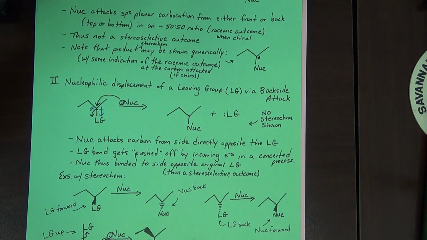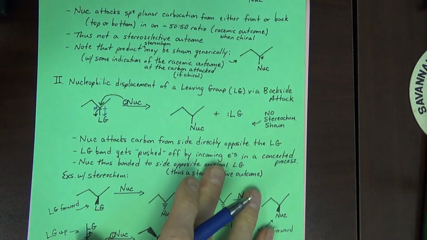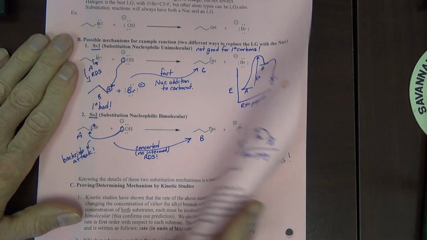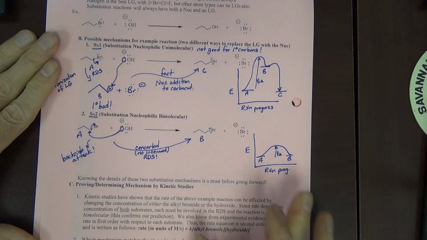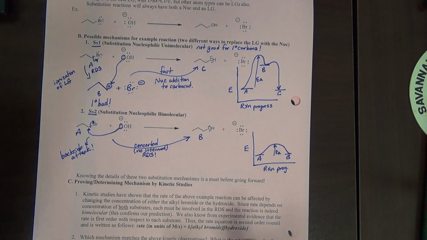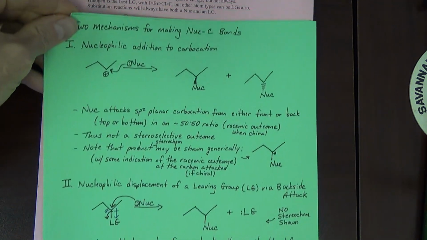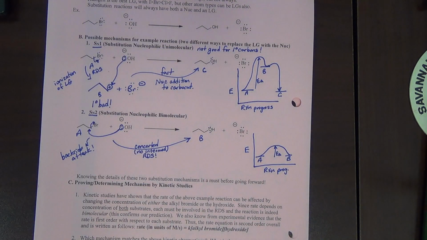And there's also stereochemistry involved with both of those that we will address as we move forward. But it will not be much new because we already have seen the stereochemistry for these types of elementary steps.